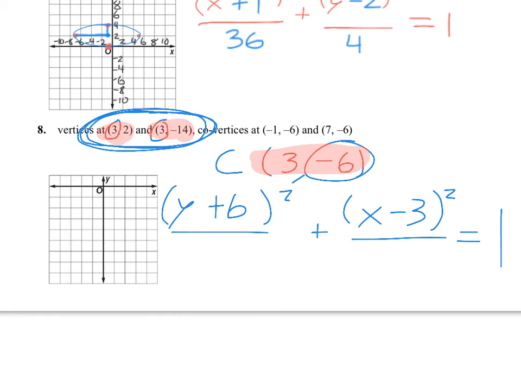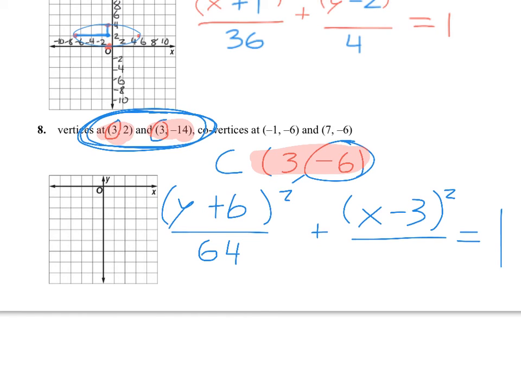So how far is that center from those vertices? The answer is 8. So if you go from -6 to +2, that is 8. If you go from -6 to -14, that's also 8. So under here, we're going to put a 64, 8 squared.